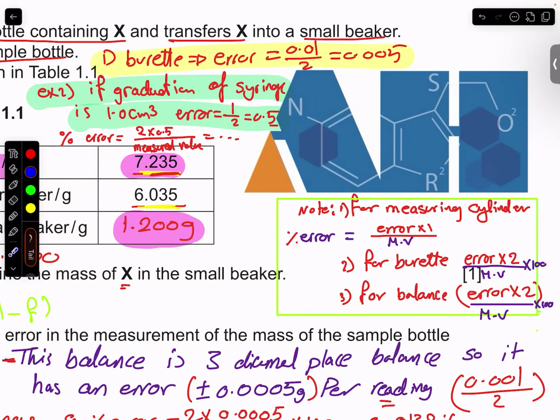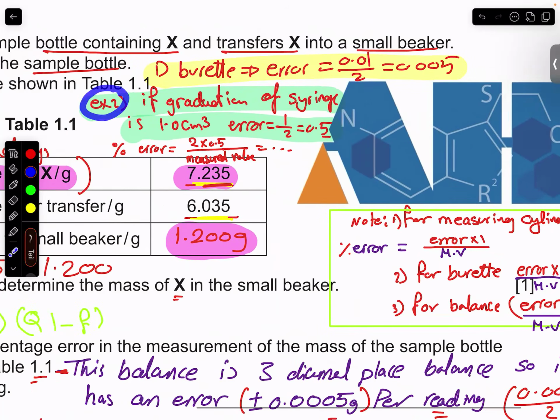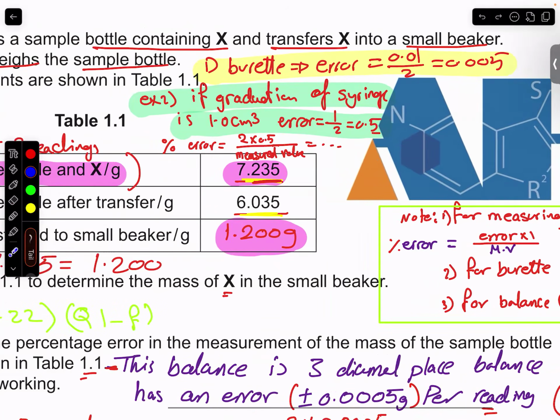Another example: if the graduated syringe has 1 cm cubed divisions, the error equals 1 over 2 equals 0.5. So the error for each reading is 0.5.